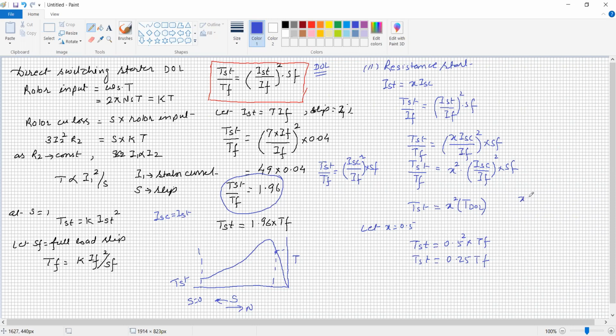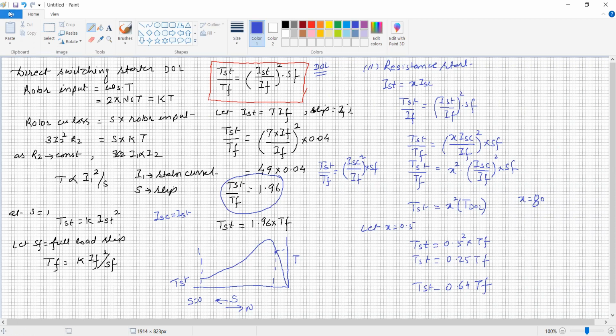Suppose X is taken as 80%, then starting torque is equal to 0.8 square, so it is 0.64 into T. If you are using any type of starter other than DOL, the starting torque gets reduced. But no doubt the current also gets reduced, which will avoid the burning of the motor and sag and voltage dips in the distribution network.